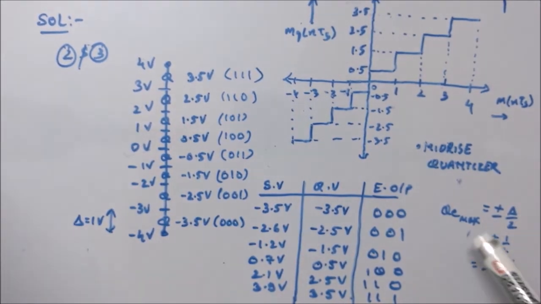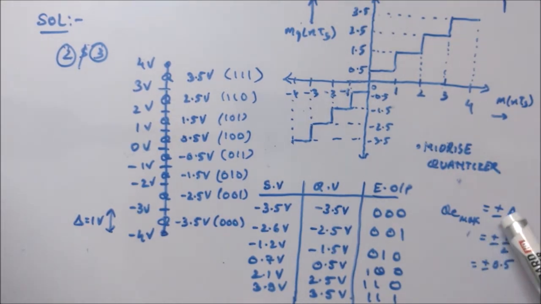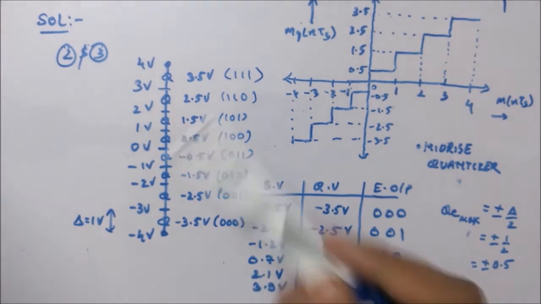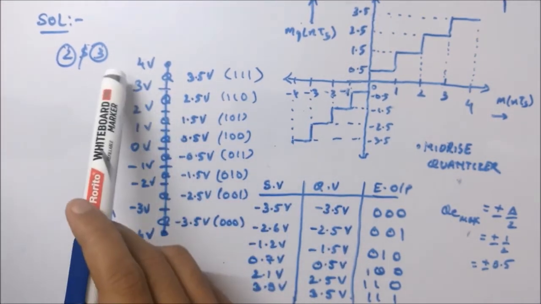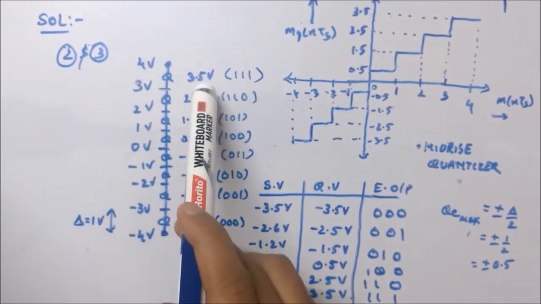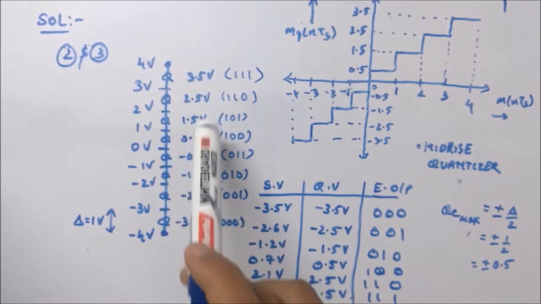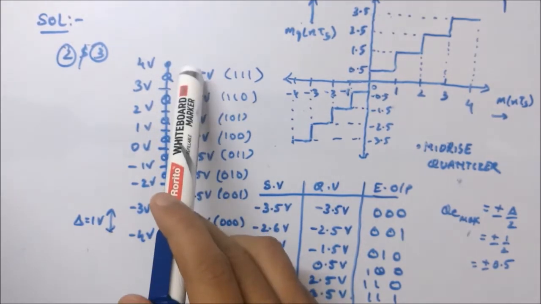Moreover, the maximum quantization error will be plus minus delta divided by 2. This is your delta 1, so it will be plus minus 1 by 2, plus minus 0.5. If you have sampled value as 4 volt, then your quantized value will be 3.5 volt and the difference will be plus 0.5.